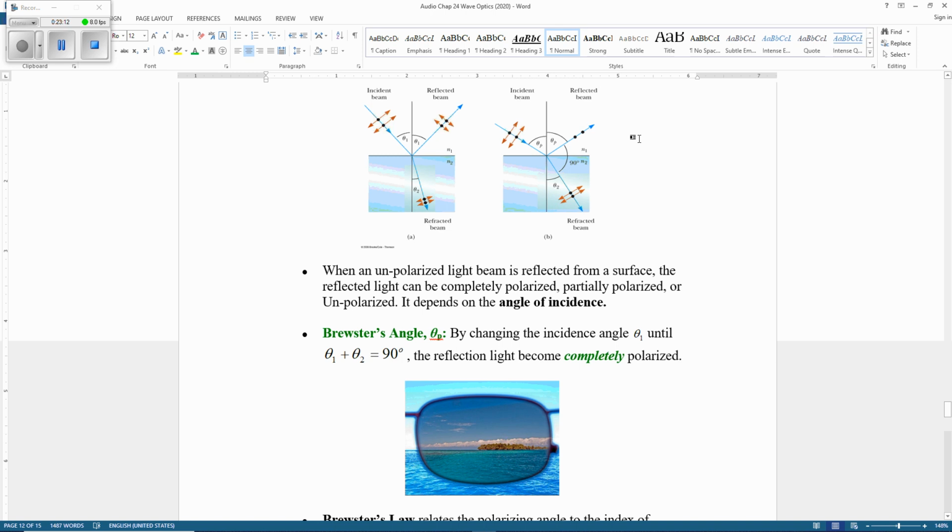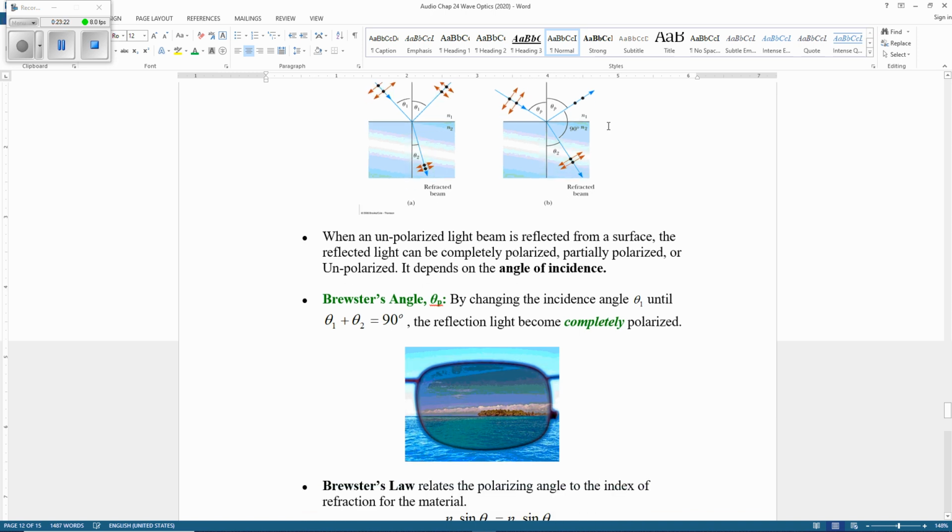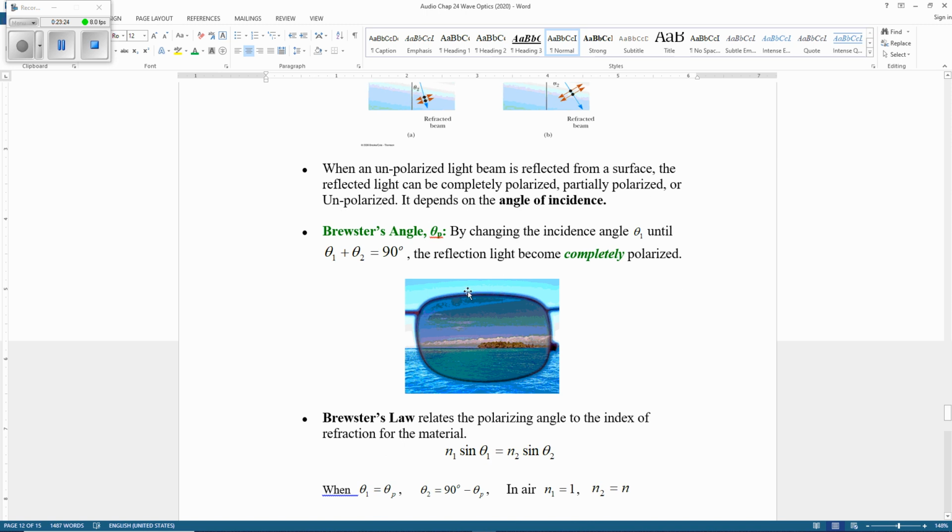We're going to change different angles until the reflection becomes polarized. Now, one application I'll call sunglasses. If you have a boat, you play on the lake, on a sunny day, the reflected light from the water surface always bothers you, right?